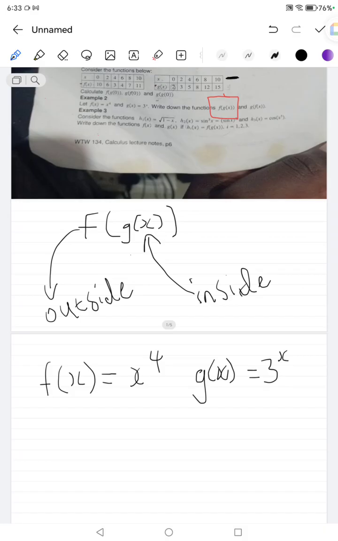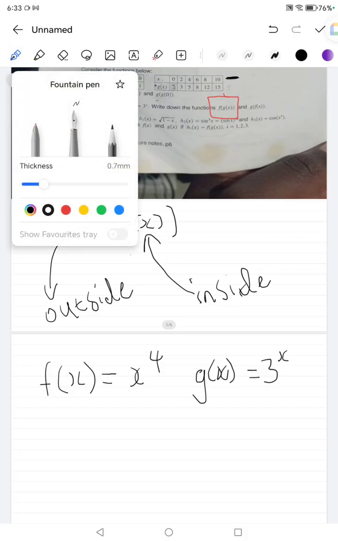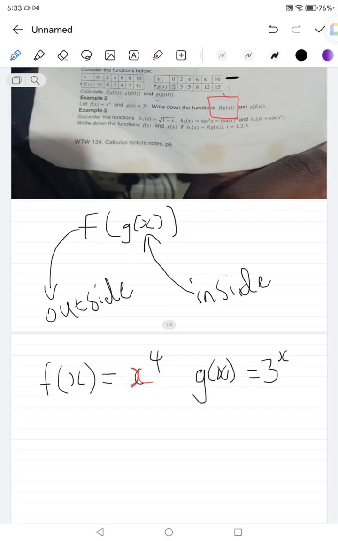With this one, just ensure you listen carefully. You only put the other function where you see your x values. Where do you see your x values? You can see that you have your x value here. So where you see your x value, you're going to put this one that goes in.